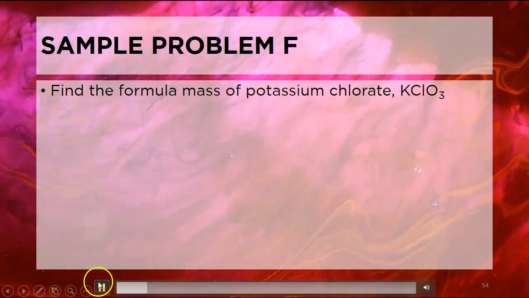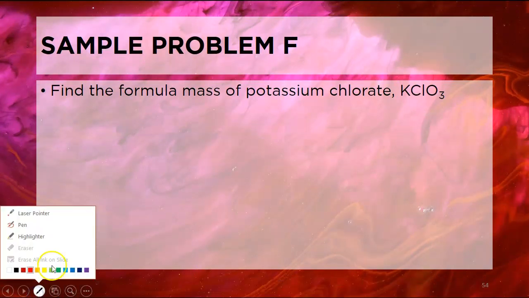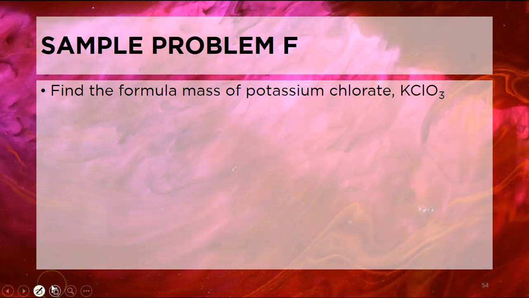So let's do a formula mass of potassium chlorate. You guys help me out here on the periodic table. If I look up potassium, chlorine, and oxygen, what's potassium's mass? I want to say it's 65, 64.